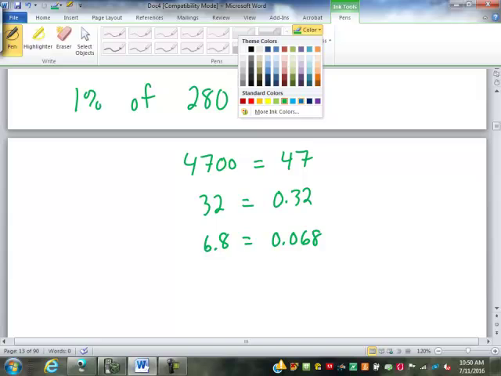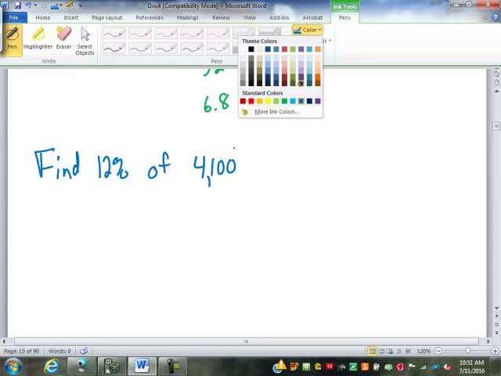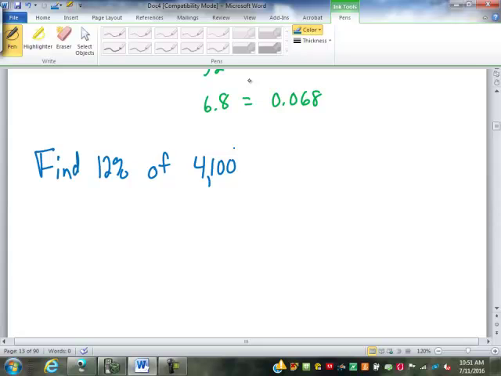With that in mind, let's look at finding 12% of 4,100. Now, I know that many of you probably know how to calculate this directly, but I'm going to show you a little thing that I've used in the past, and I think is very significant. 12% can be broken down into 10%, 1%, and 1%.